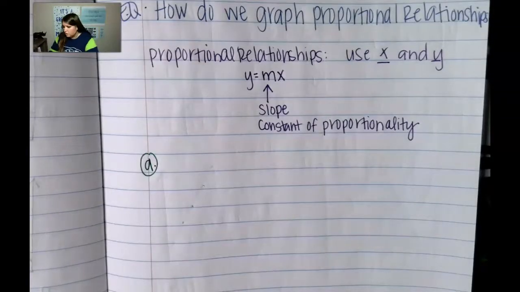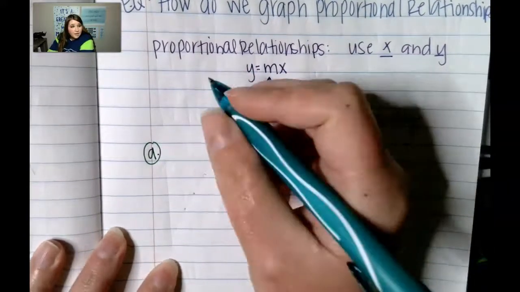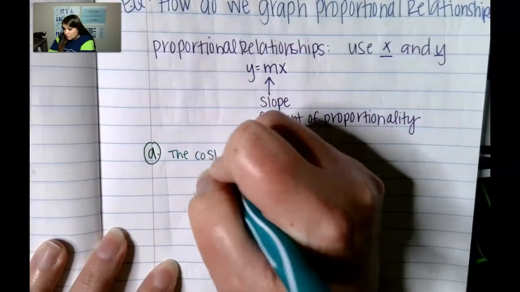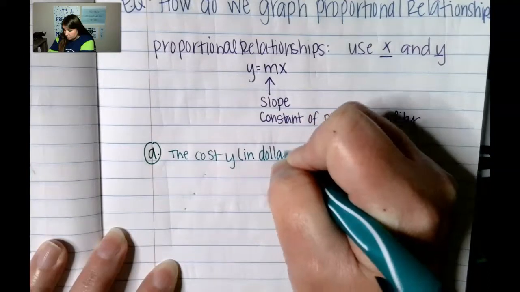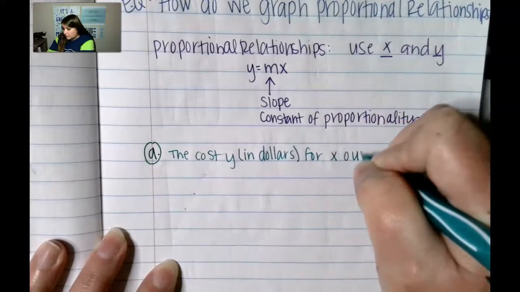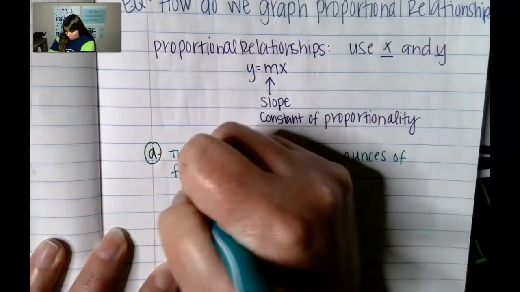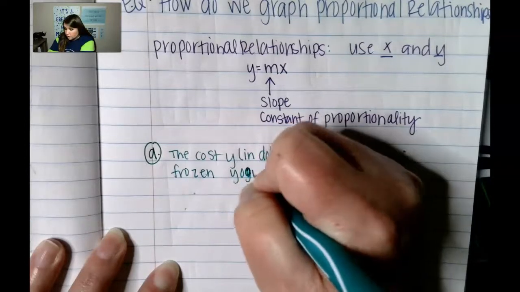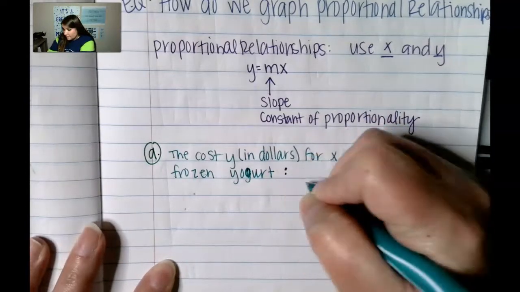Okay, so let's say that we have a problem, and it says that for frozen yogurt, the cost y in dollars for x ounces, so the number of ounces of frozen yogurt, we can use to find the amount of money.